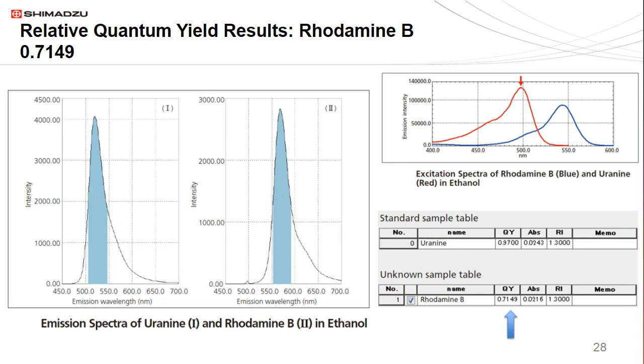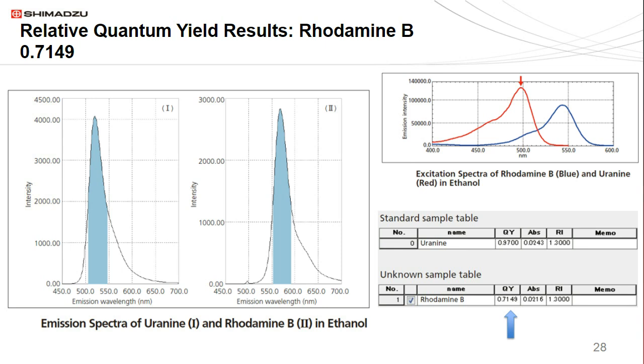Now, the very good news in all of this is the software does all the heavy lifting for you. Here you see the output of a relative quantum yield measurement that we've been talking about. On the left are the emission spectra for the uranine standard and the rhodamine B unknown. The software calculates the peak area. Over on the right, you see the excitation spectra.